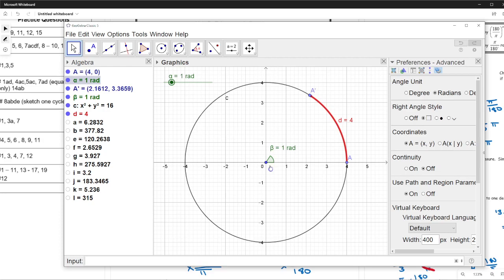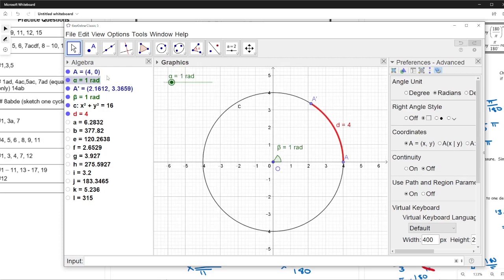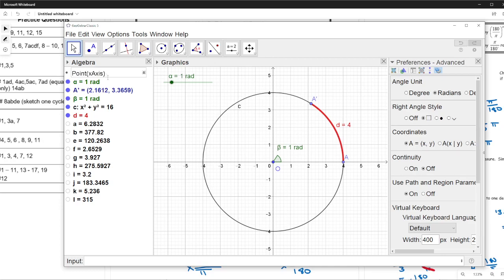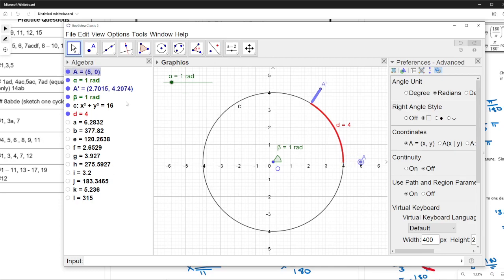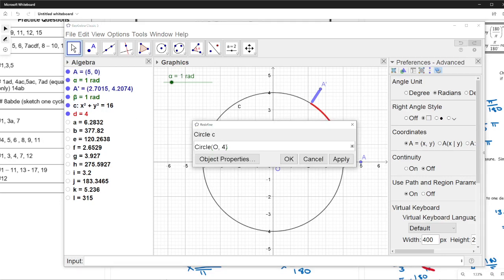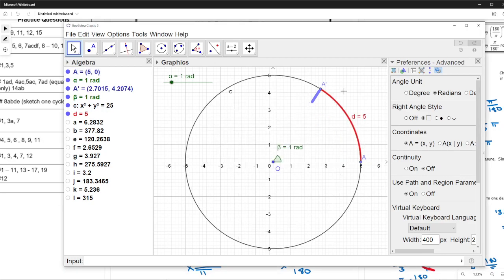Now you might be thinking, is that just a coincidence or something like that? What if I made the point 5 units away? Let's make the point 5 units away, and then we'll make the circle with a radius of 5 instead. Now notice that if I make the circle bigger, the arc is bigger, it's a 5 now, but the rad is still the same. It's still 1 rad. In a circle of size 4, 1 radian would be an arc of length 4. In a circle of size 5, 1 radian would be an arc of size 5.